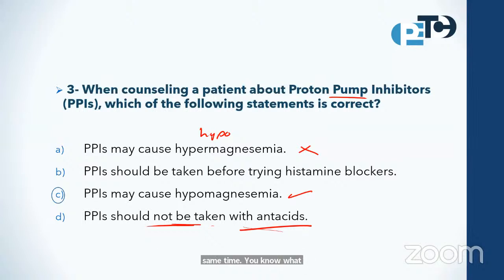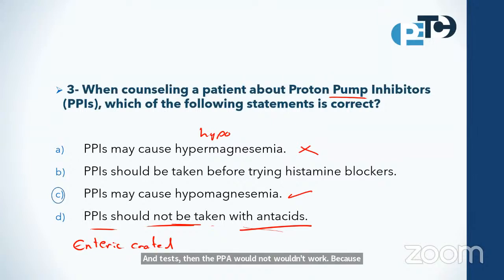They increase the pH. Most PPIs are affected by the HCl of the stomach, so they are administered as enteric coated or as a capsule. If you are going to give antacids, then the PPI wouldn't work, because the mechanism of action of antacids and PPIs is entirely different.